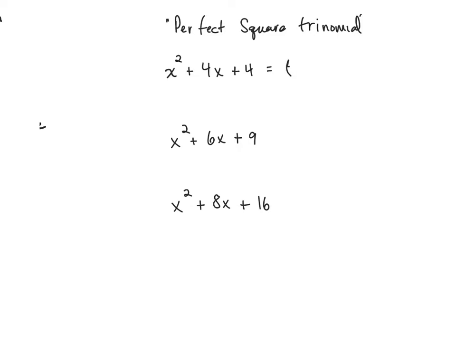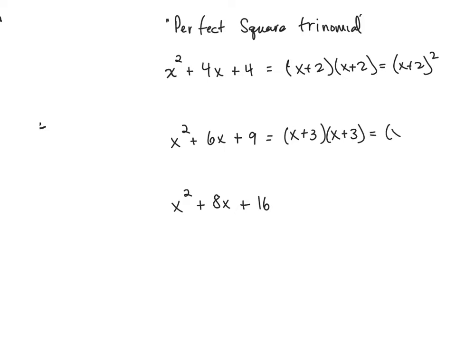So x squared plus 4x plus 4 is x plus 2 times x plus 2, or x plus 2 squared. X squared plus 6x plus 9 is x plus 3 times x plus 3, or x plus 3 squared. And it's really writing it in this form that's the key.